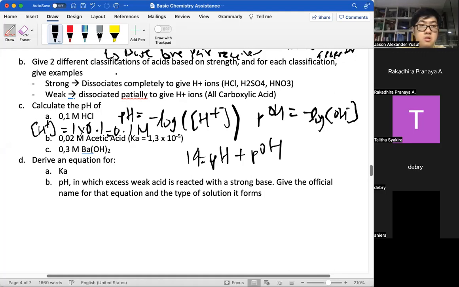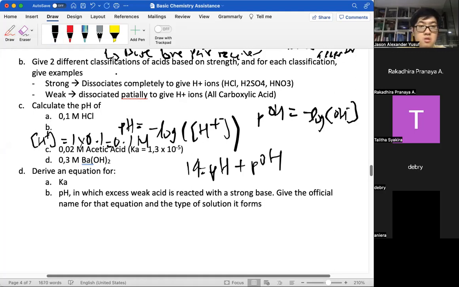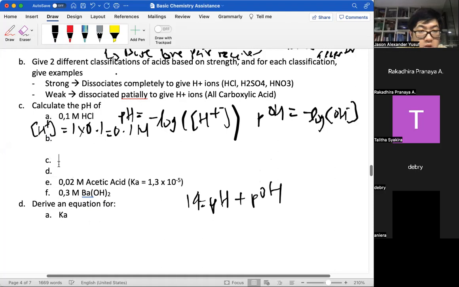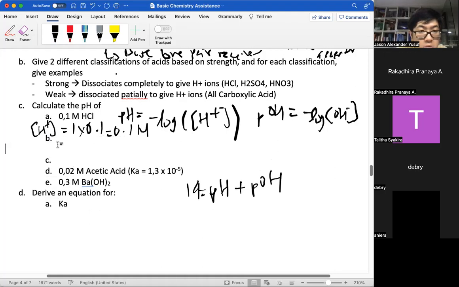Hence, pH is negative log 0.1, and if you input this into the calculator, you'll get 1.